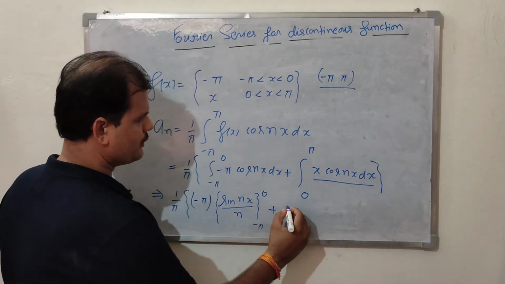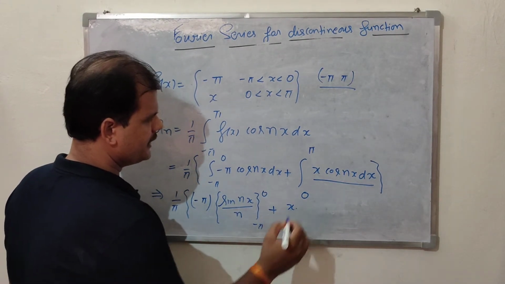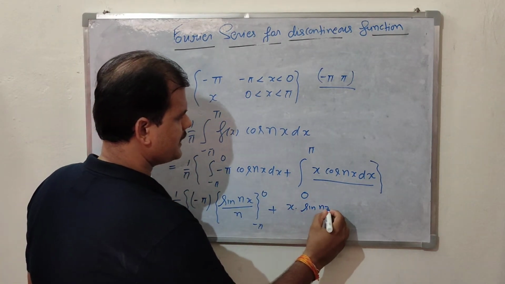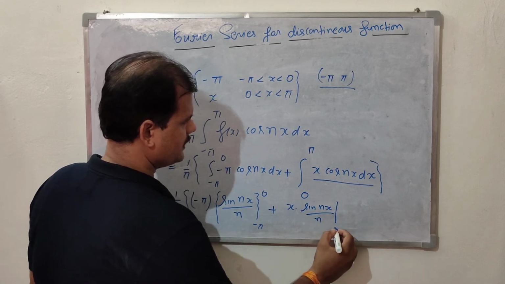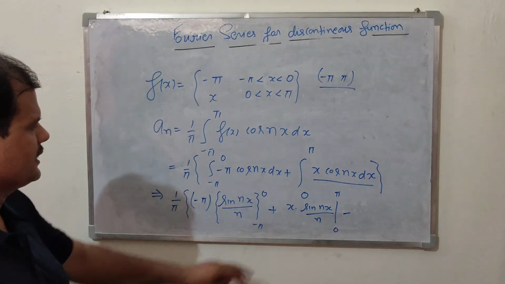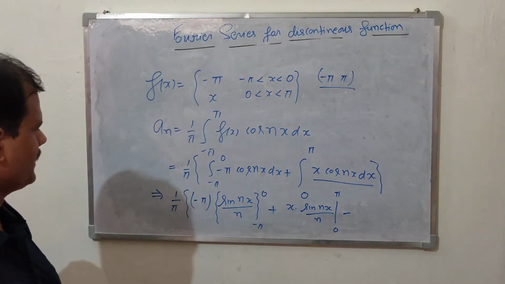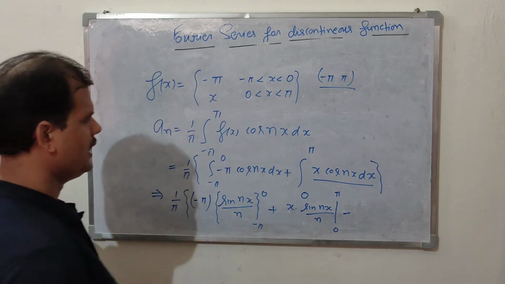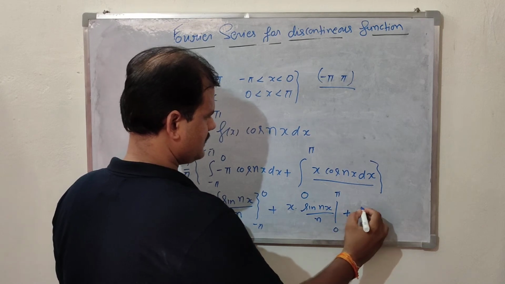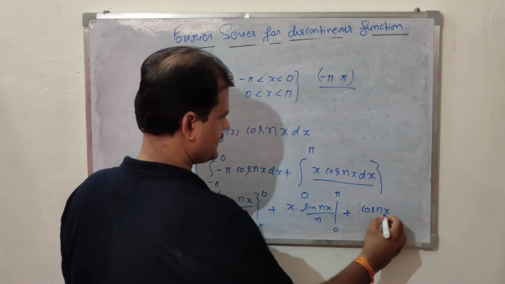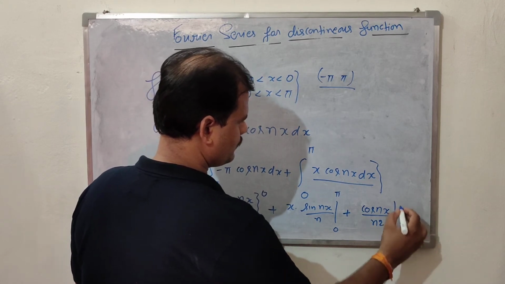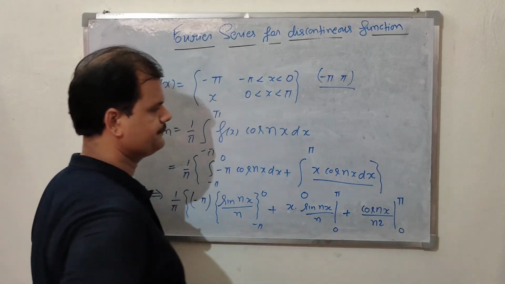So we take x into integration of the first term, so this will be sine nx by n, interval 0 to pi, minus differentiation of x, so 1, and again integration of this, so this will be plus cos nx by n square from 0 to pi.